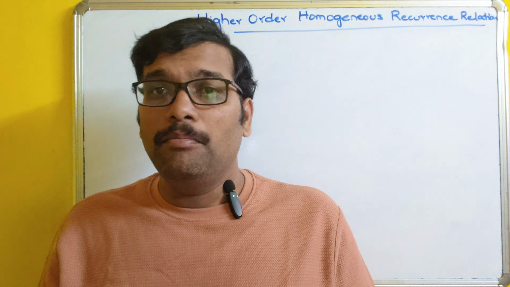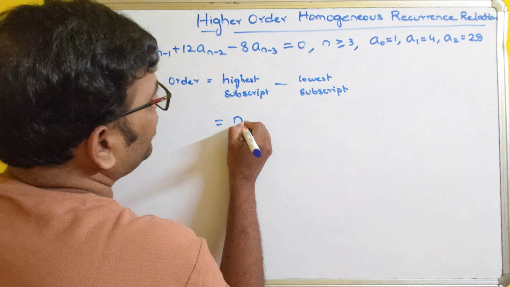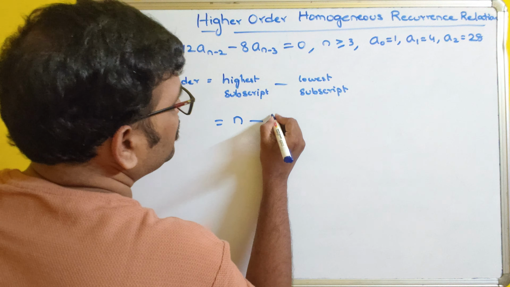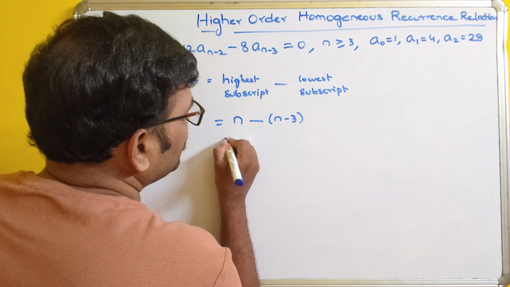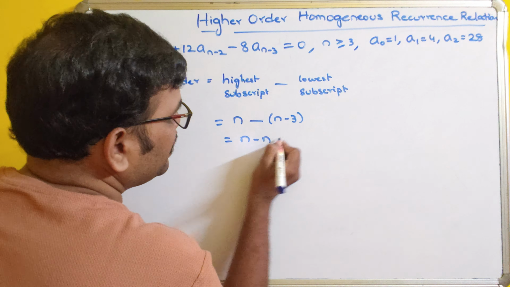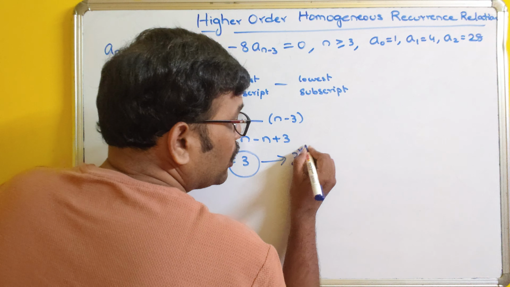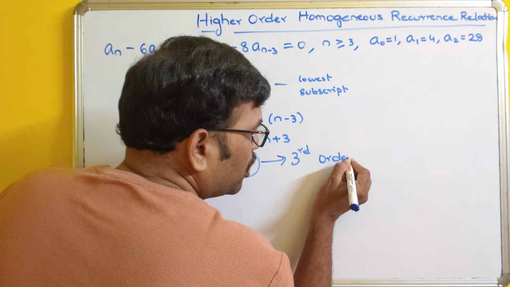From this, the highest subscript is n, minus lowest subscript n minus 3, which is n minus n plus 3, which is equal to 3. So the given recurrence relation is of third order.